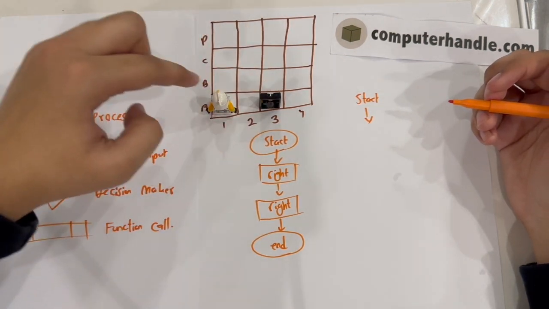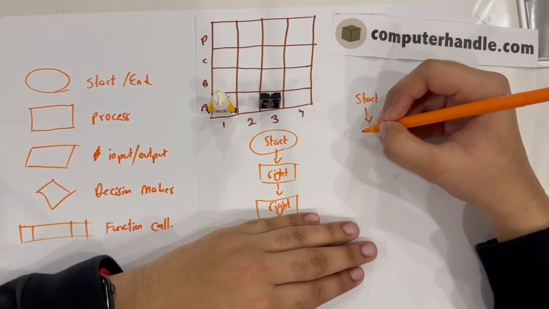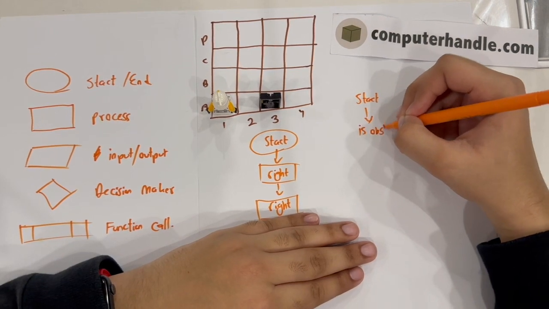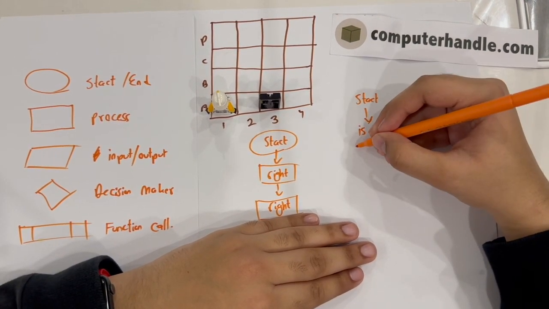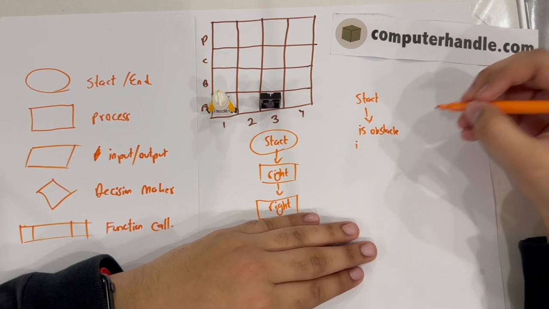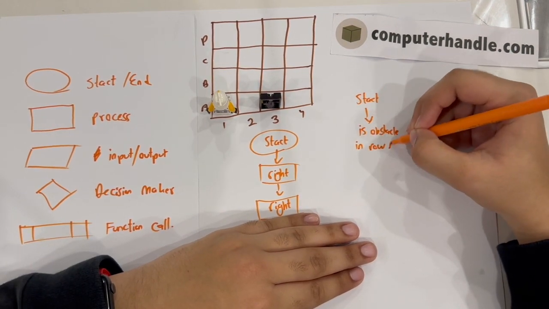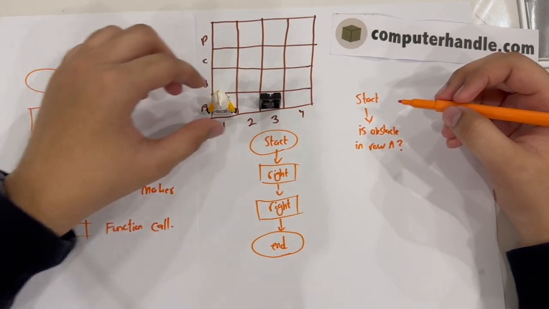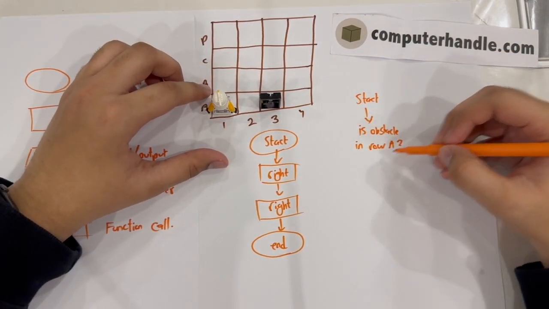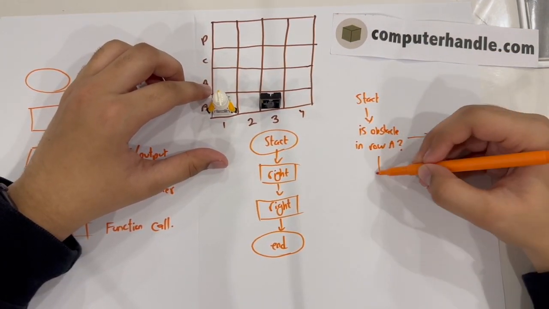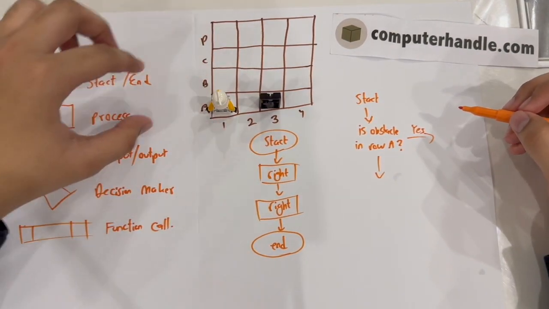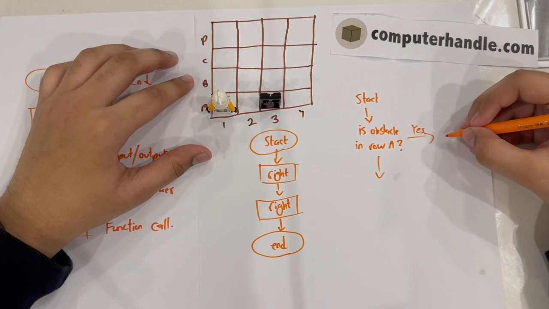So in this case, it's in row A. So we're going to ask, is the obstacle in row A? We know that if it's in row A, I'm going to create a yes arrow. If it's in row A, we're going to go 2 steps right.